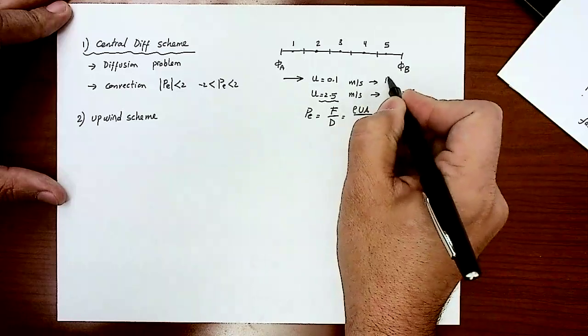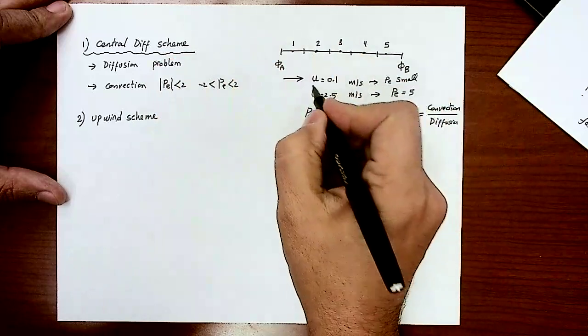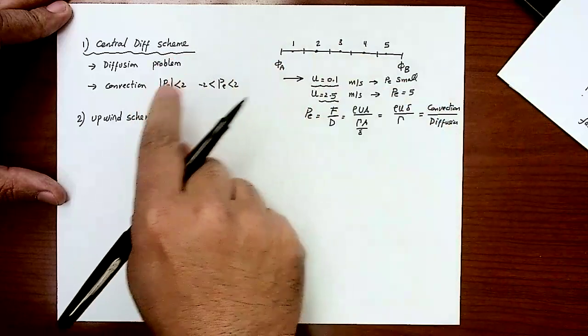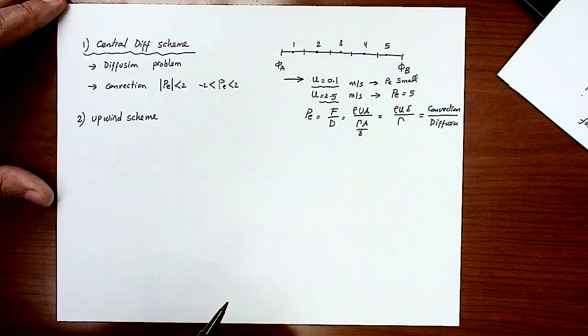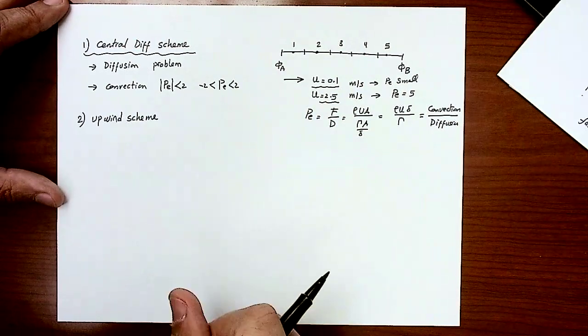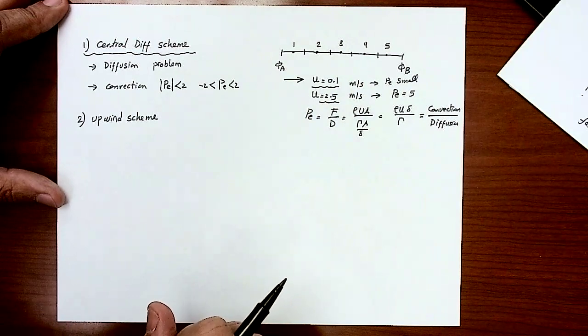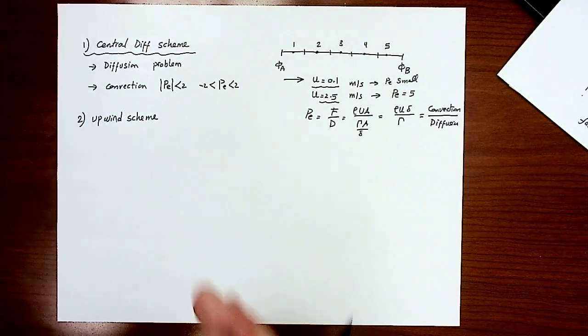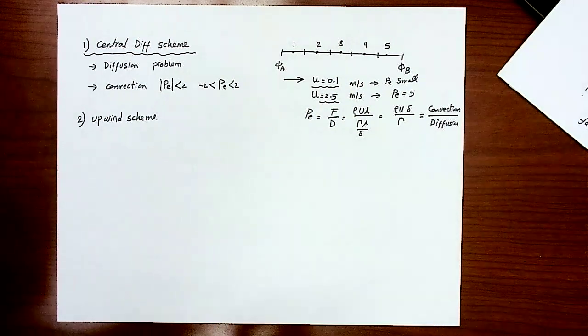For 0.1 meter per second the Peclet number is very small, and we got very accurate results compared to the analytical solution. When the Peclet number went to 5, the central difference scheme couldn't simulate the convection nicely, and we got a divergent solution, scattering data going up and down all the time.